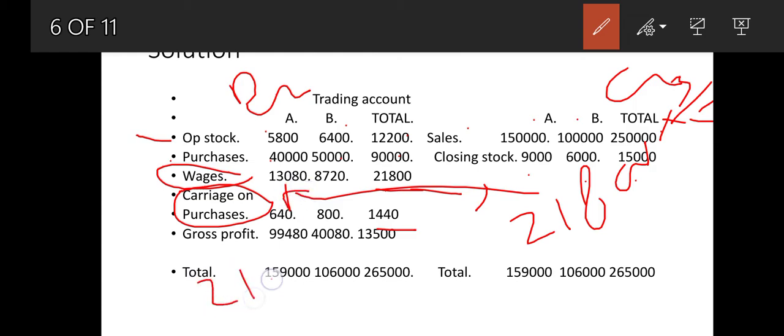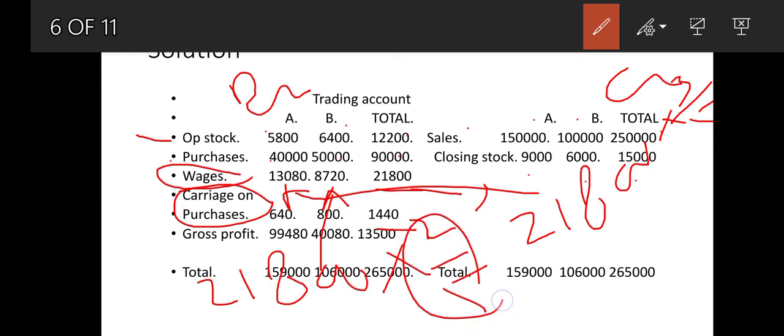Similarly, 21,800 multiplied by 2 divided by 5, we will get 8,720. How do we know? 21,800 is the amount of wages appearing in the question, and the proportion we have just calculated in the rough work.